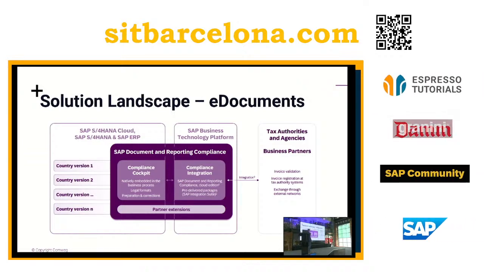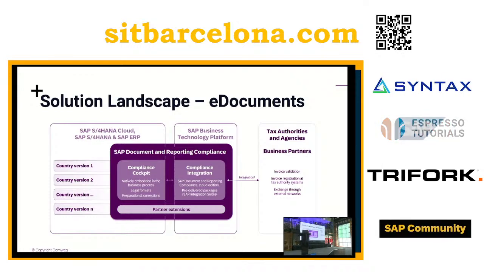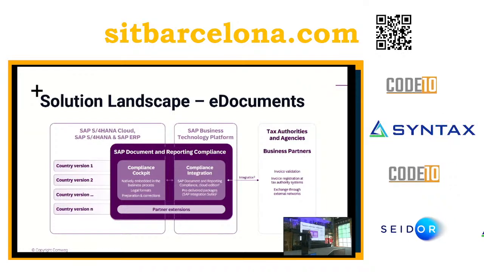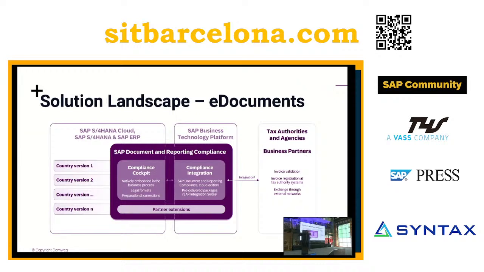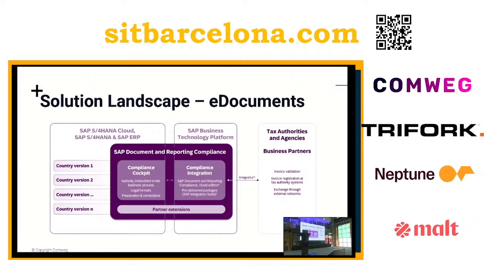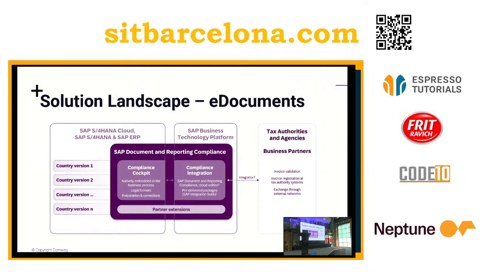On one side, you have the compliance cockpit, which is basically a monitor, and this monitor is able to manage different electronic invoices for different countries. You have, for example, country version 1, 2, 3, and many more. I have a customer using 15 countries in this solution. 15. This is really powerful, this tool.